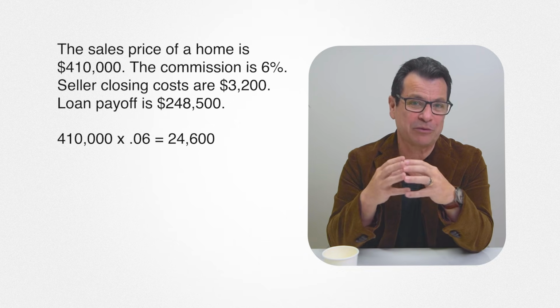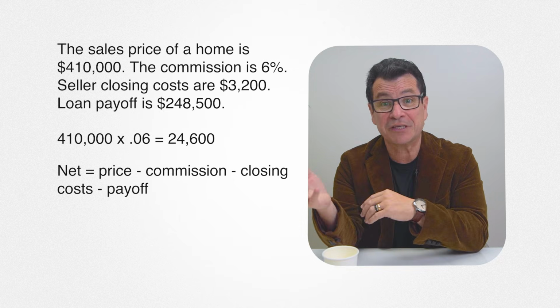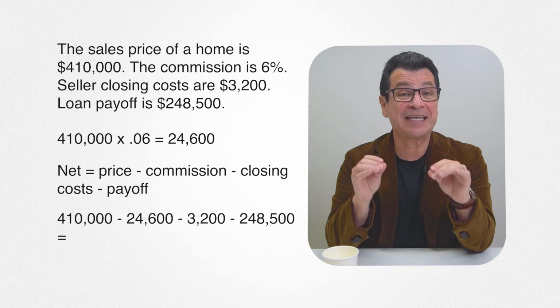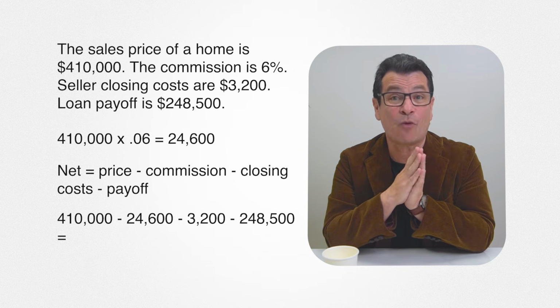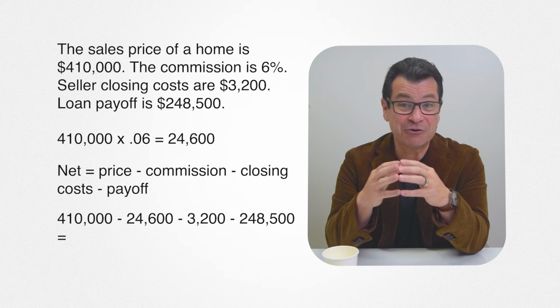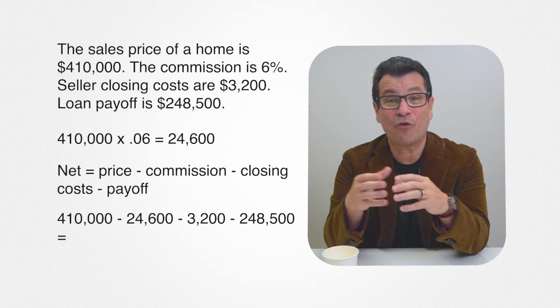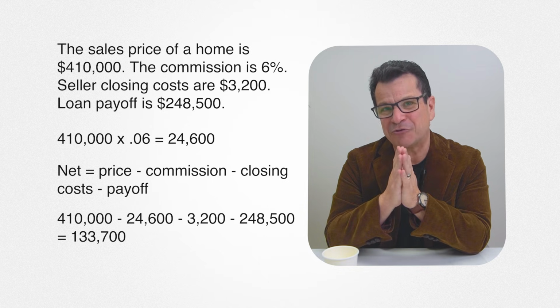Now, net is simple. Net equals the price minus commission minus closing costs minus payoff. So we're going to go with $410,000 minus $24,600 equals $385,400 minus $3,200 takes us to $382,200 minus $248,500 for the payoff equals $133,700.